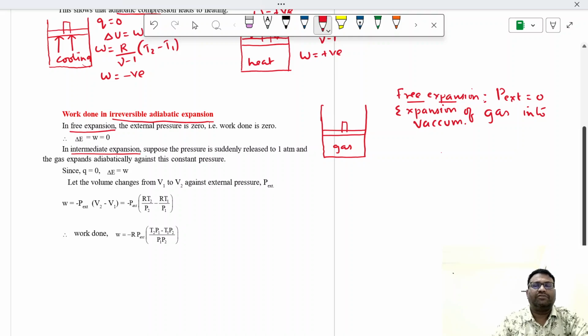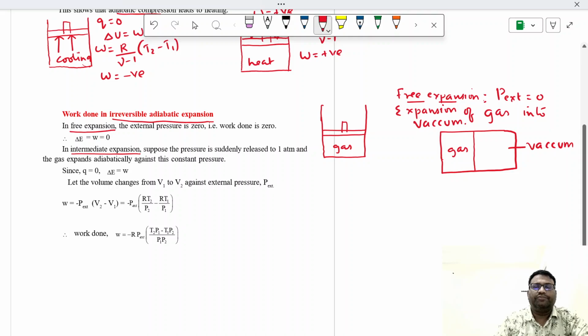That means there is no external pressure, but the gas is expanded. For example, let us take a large container separated into two compartments. There is gas here and vacuum here. Vacuum represents that there is nothing here. No air, no gas, nothing.